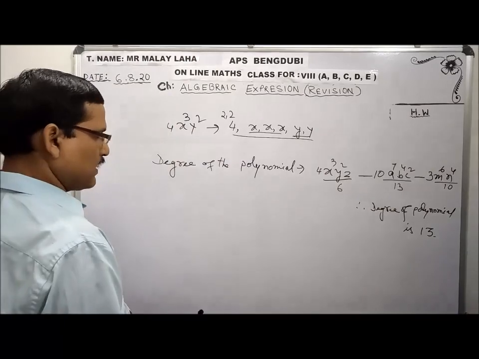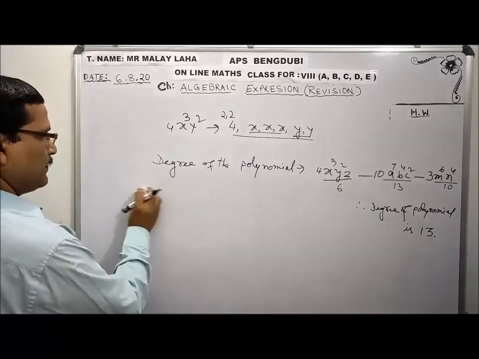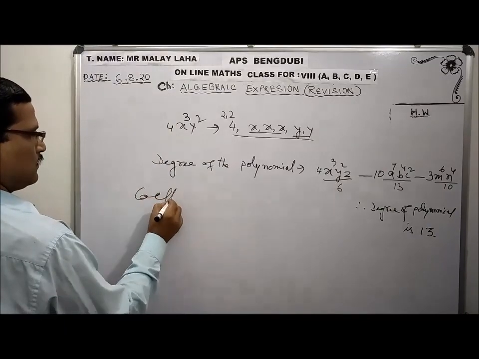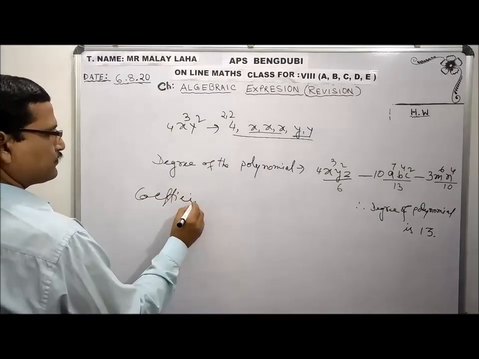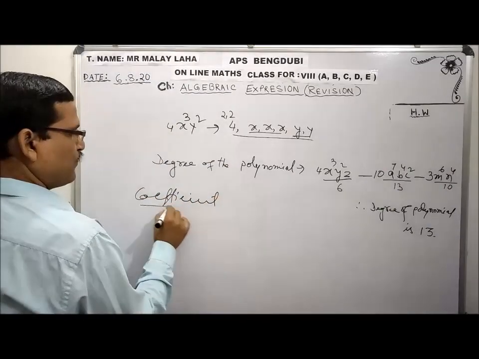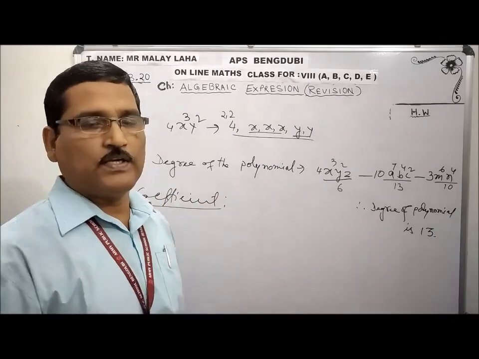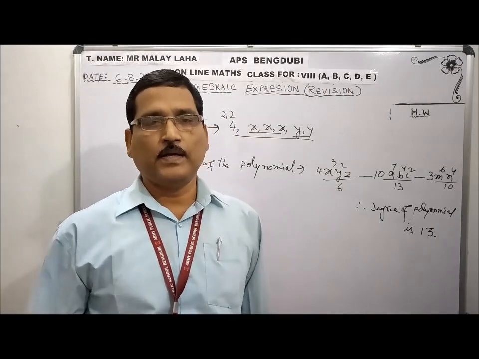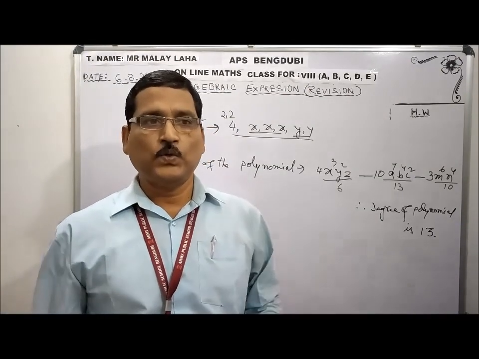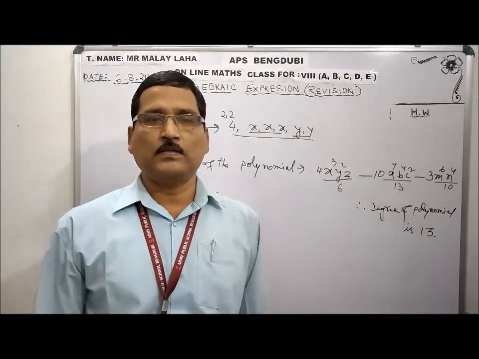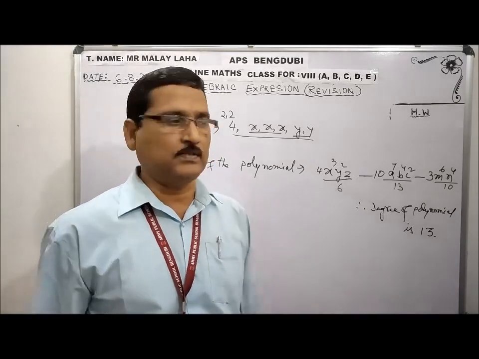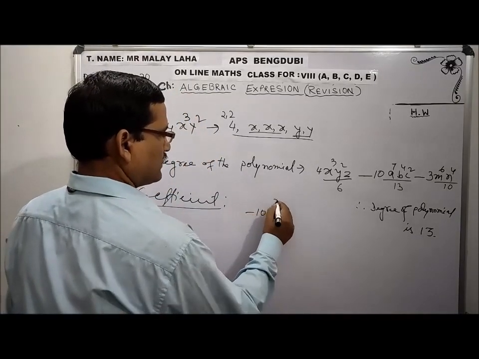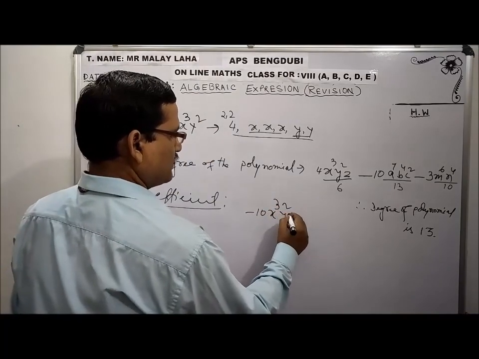Now, one other part is there. Coefficient. Coefficient is what? A term consists of 2 parts: one numerical part, another literal part. So when simply I am asking what is the coefficient of this term? Say I say minus 10 x cube y square z.